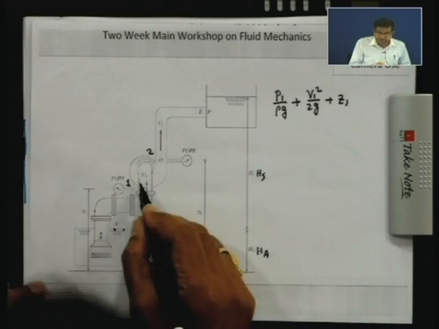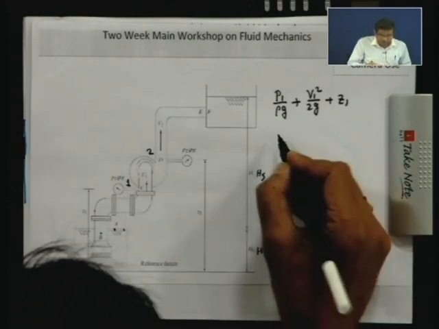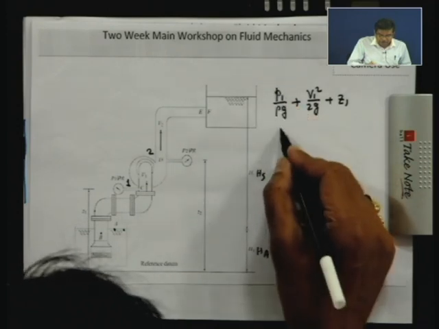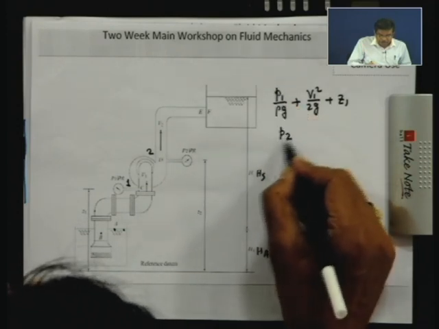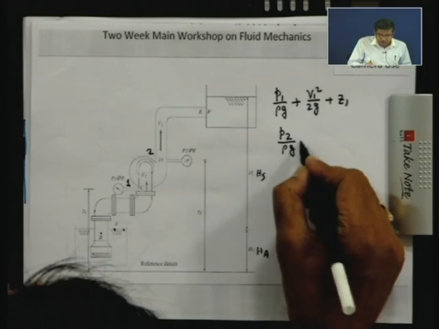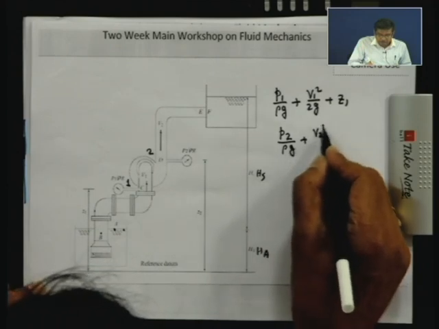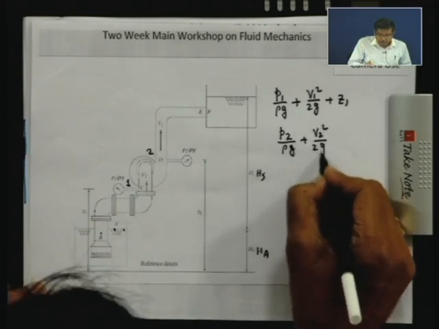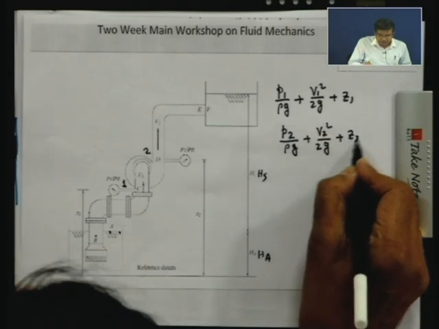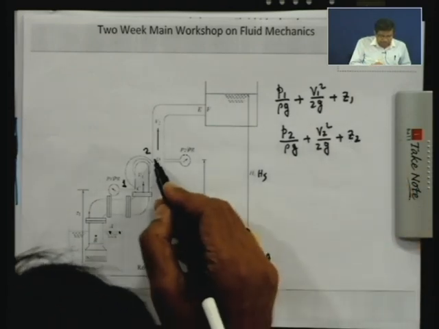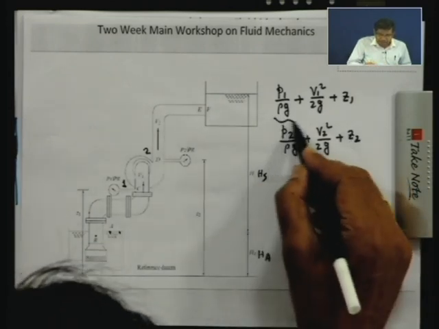This is the head at inlet to the pump. The head at outlet to the pump is P2 by rho g plus V2 square by 2g plus Z2, the total head at outlet of the pump.